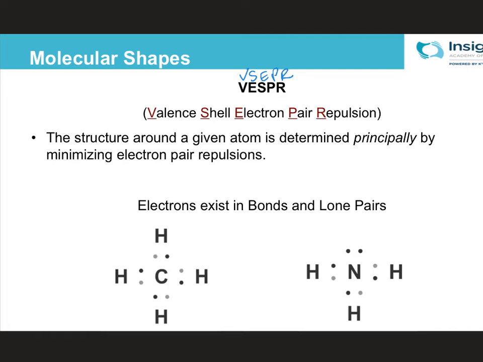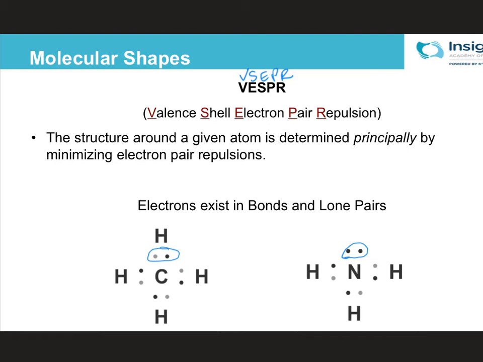So the shapes are determined by what shape can we get all of our electrons to be as far away from each other as possible. The electrons you have to worry about are your electrons that are in bonds, those shared pairs, as well as certain atoms that have a lone pair of electrons that aren't involved in bonding.